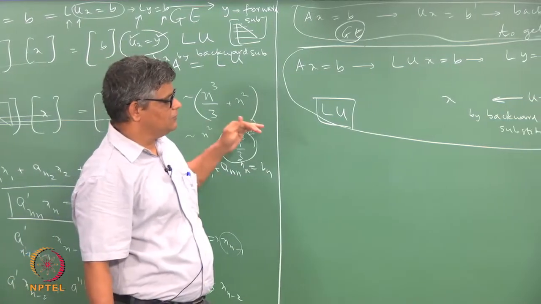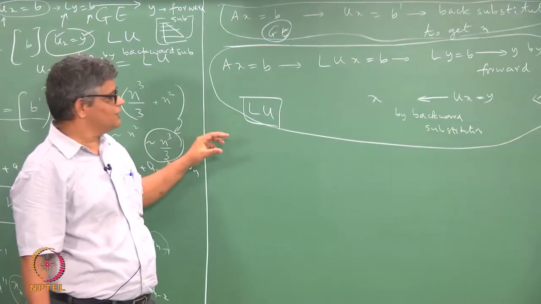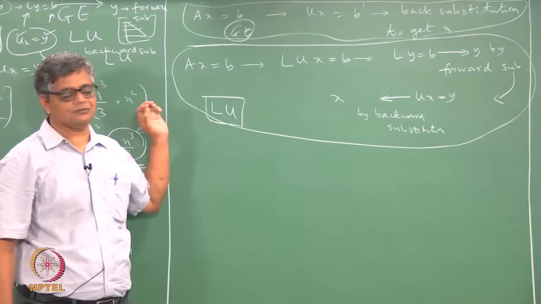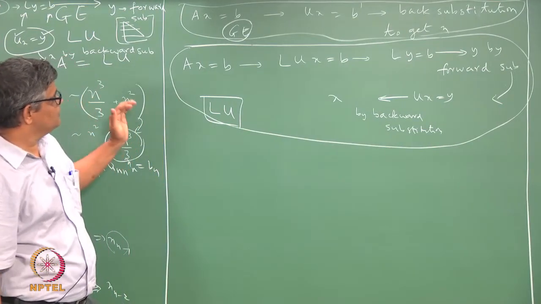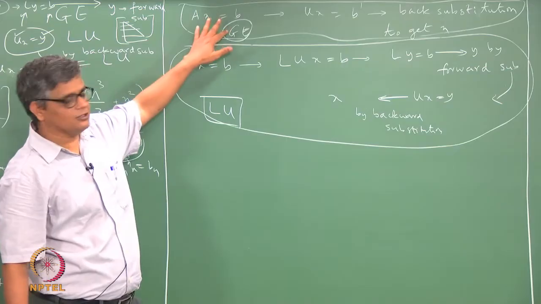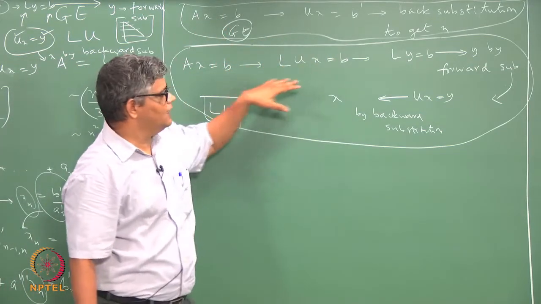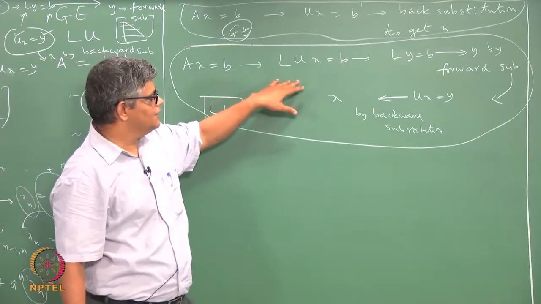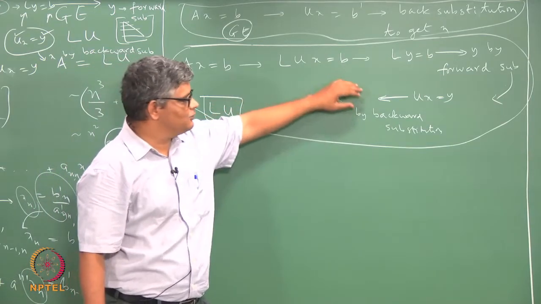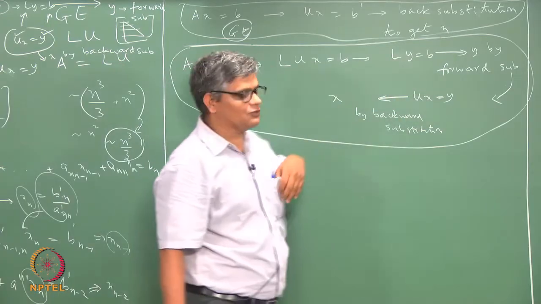But today we are going to look at a specialized method which builds on the same principles, that if it is possible to convert Ax equal to b into a special form, into an upper triangular form or LUx equal to b form like this, then we can get easy solution through successive substitution here.